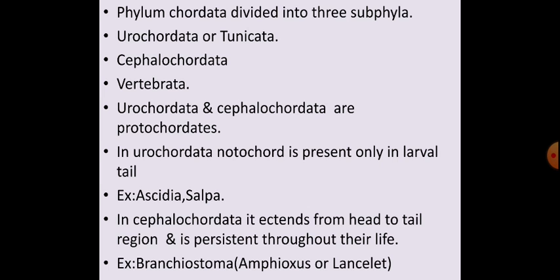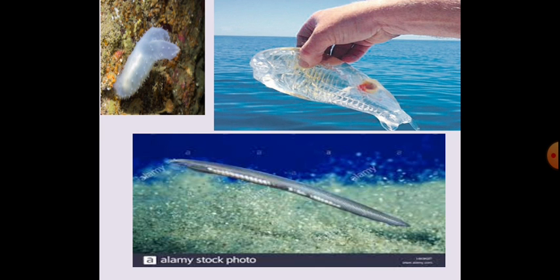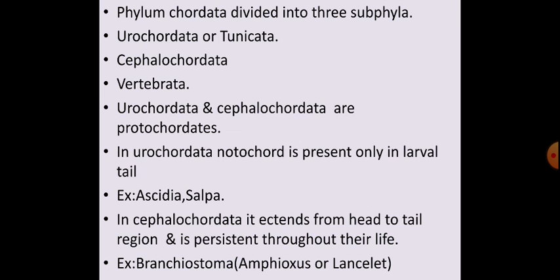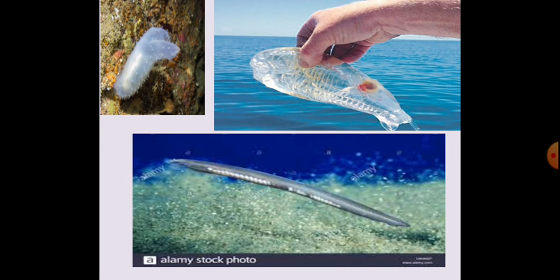Example of Urochordata is Ascidia or Salpa, and example of Cephalochordata is Branchiostoma, also called Amphioxus. See, this is the example of Ascidia. And this is the example of Branchiostoma.